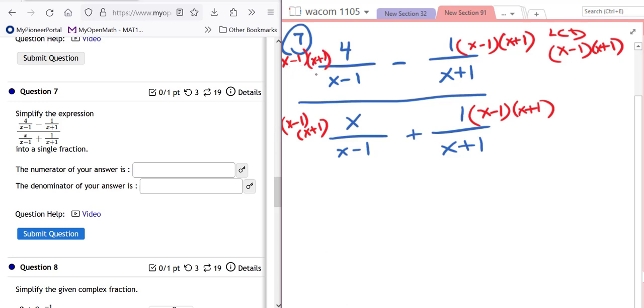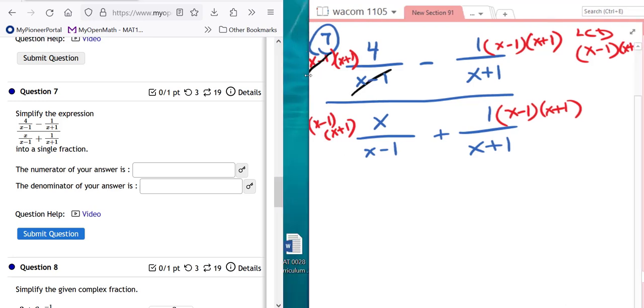All right, now we'll clean up. So x minus 1 goes away. Yeah, I was afraid that would happen. x plus 1 goes away, x minus 1 goes away, and x plus 1 goes away. So let's see what we have left. We have a 4 times x plus 1. So that will be 4x plus 4. Here we have minus 1 times x minus 1. Take that with you when you distribute.